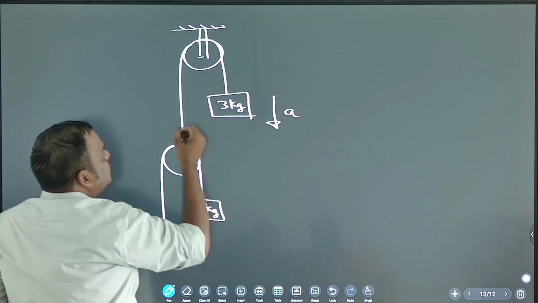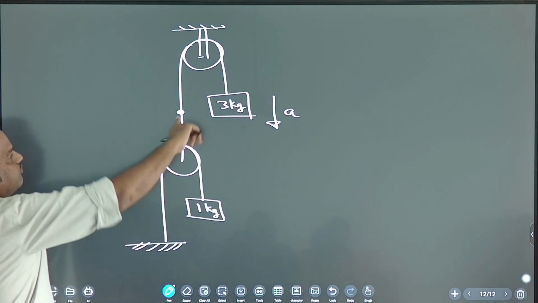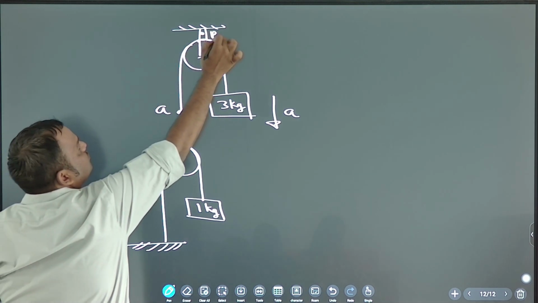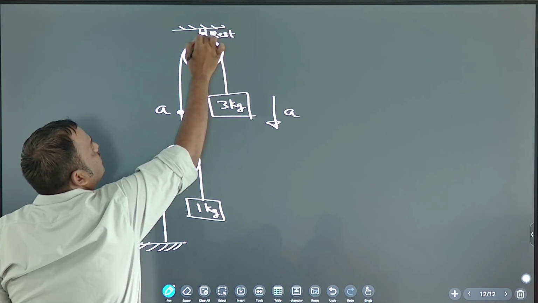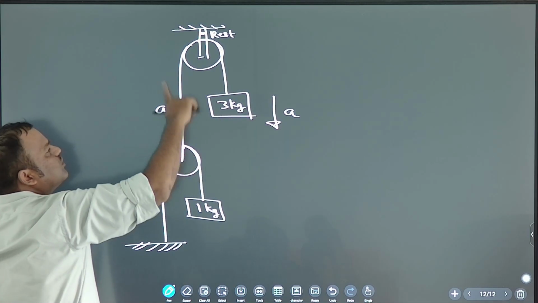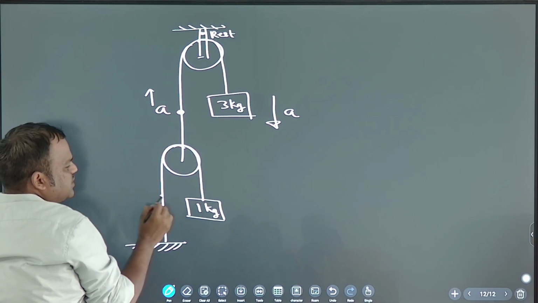Acceleration A. So what is the acceleration of this point? A upward. The acceleration of this point is 0. This is at rest. This point is not going. This is going down with A, so this will go up with A. Understood? If this is going up with A, what is the acceleration of this?